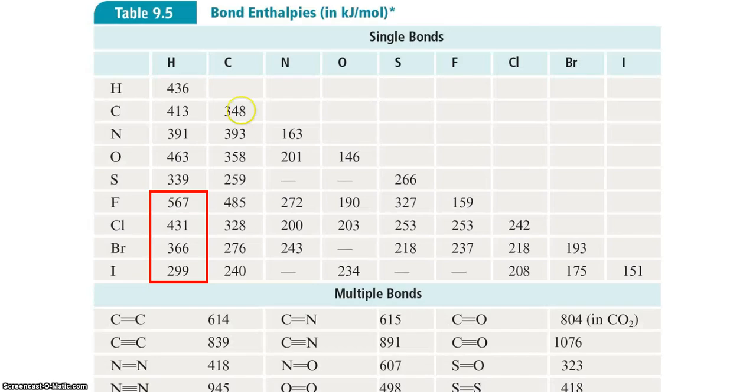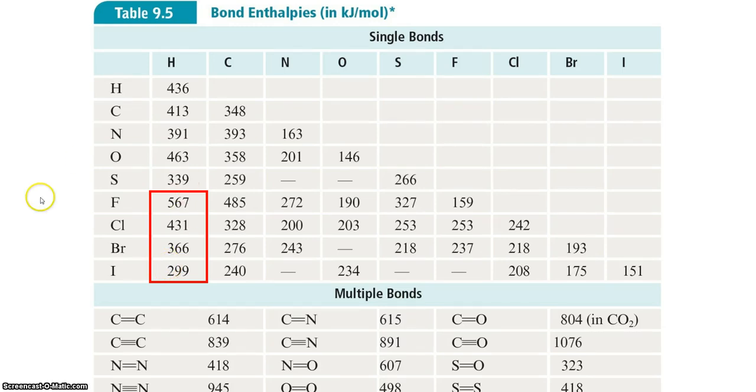So if we consider the energies in the bonds between the hydrogen and fluorine, chlorine, bromine, and iodine, we can see the general trend where the bond strength is decreasing as we go down the periodic table. And again, that's because the size of the atom is increasing.